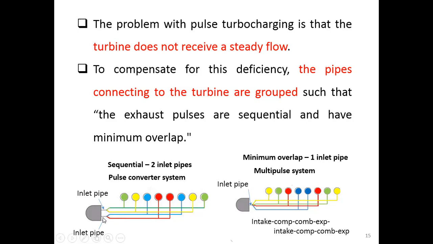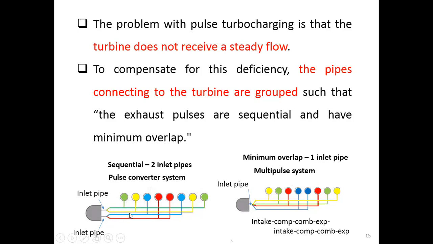The same concept applies to the small pipes. If the green one already sent the exhaust flow, the next flow should not come out from the green. It has to come out from either of the other three.